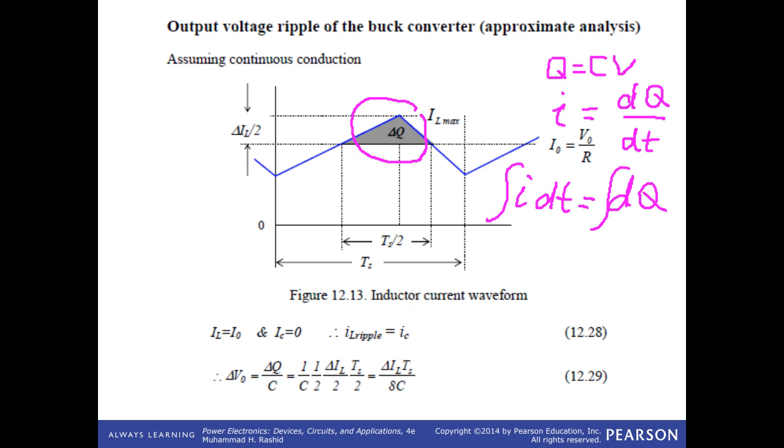This area is delta Q. I proved that, the integral of I dt is equal to delta Q. So the triangle area is 1 over 2 times the height, delta I over 2, and the width, TS over 2. Then it's going to obtain delta I times TS over 8C. Keep this equation in mind. Now I move to the other side. I did it from the book.